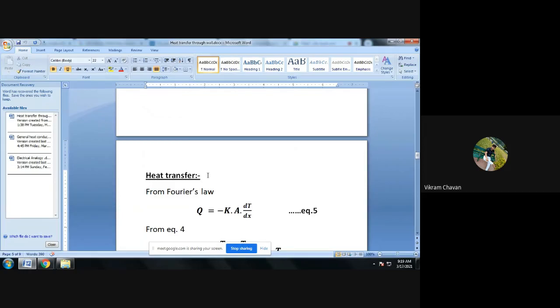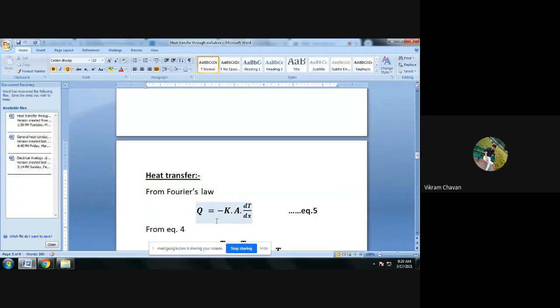So we know Fourier's law. In a wall, heat is transferred only by conduction. There is no fluid present in the wall, so there will not be convection, and there will not be radiation. So the heat transfer in a wall is conduction heat transfer, and for conduction heat transfer we need to apply Fourier's law.